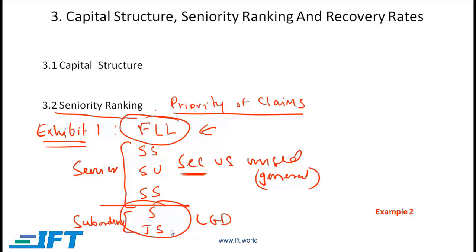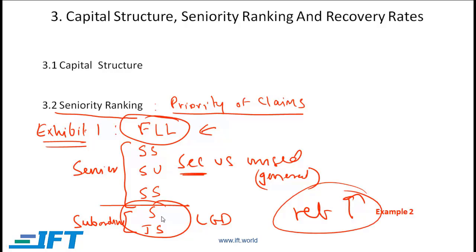From an investor perspective, the return or the yield here will be higher. Given that the investor is taking higher risk, he will be getting a higher return, and an investor might feel that that return is justified given the level of risk.